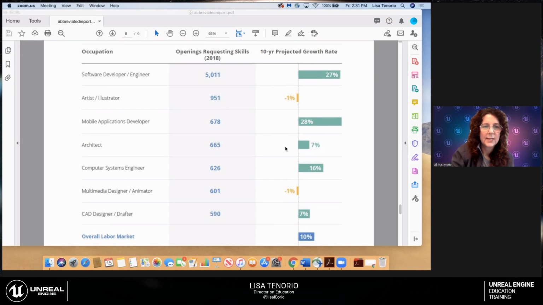It might be architectural visualization specialist or something like that. It might not exactly match these job titles. And so that's some of the challenge of parsing some of this data and knowing what to look for exactly when you're looking for a real-time job.